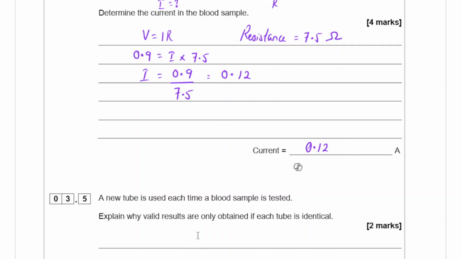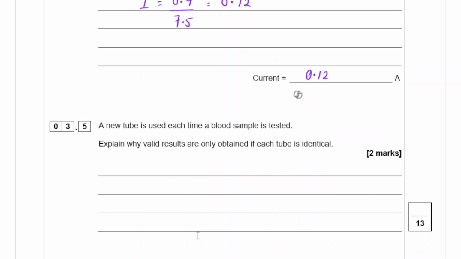A new tube is used each time a blood sample is tested. Explain why valid results are only obtained if each tube is identical. Now, if the tube is not identical, then the length or the width or the volume of the blood inside the tube can be different.